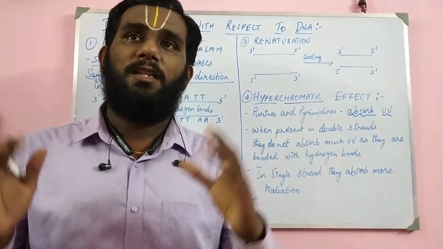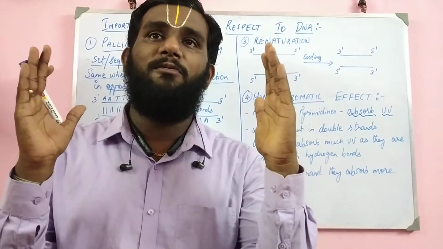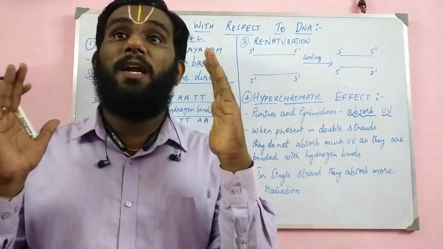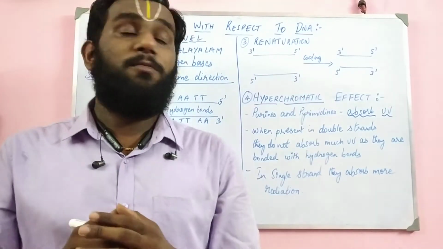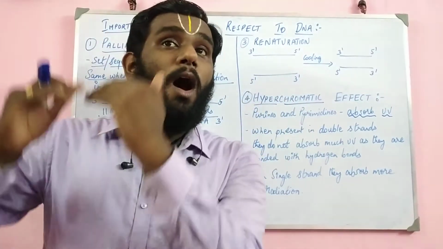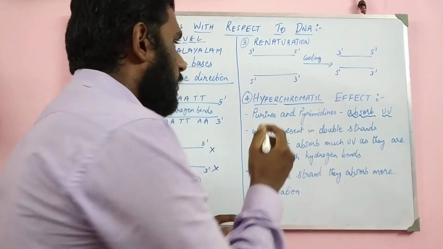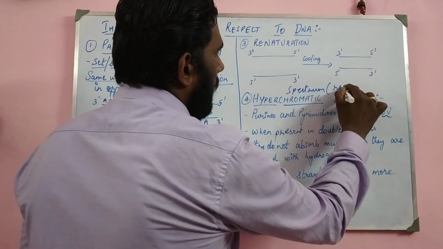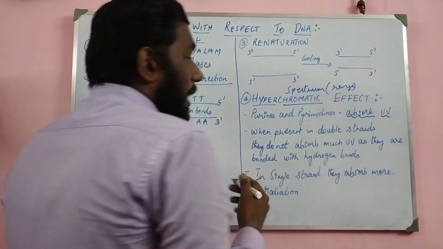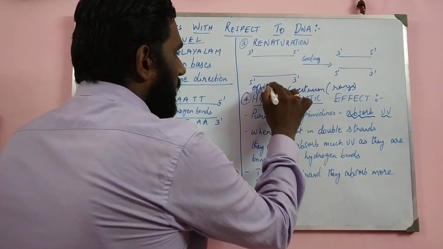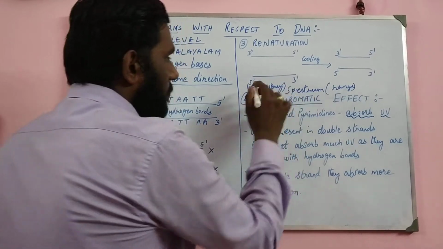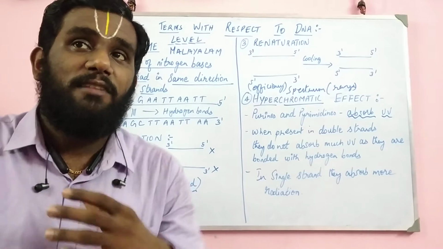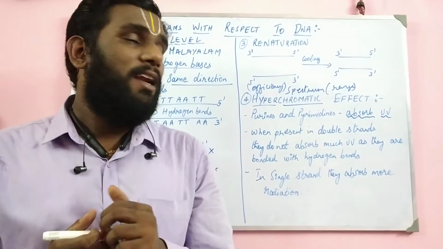Chromatic means the particular range, the spectrum, in which it is capable of absorption, and hyper means how efficient it is at doing that. So chromatic means the spectrum, or I can call it the range, and hyper means I can call it efficiency. How efficient is the particular DNA molecule in absorbing this ultraviolet radiation.